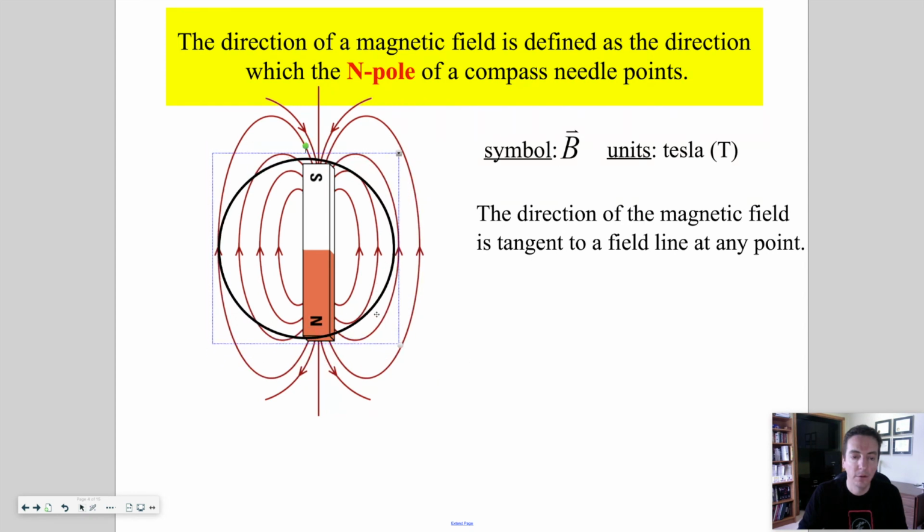So this is the shape of Earth's magnetic field. Notice, Earth is the big circle here. The field lines, if you were to diagram the Earth's magnetic field, come from the geographic south end up towards the geographic north end of the Earth.